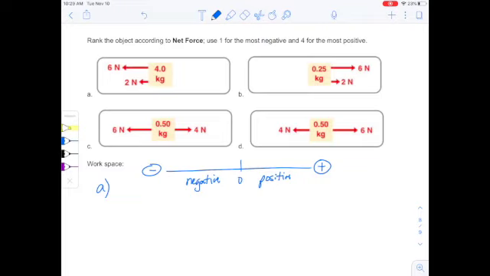So 6 newtons to the left and 2 newtons to the left, our net force is going to be -6 plus -2. So I have -8 newtons, or 8 newtons to the left. My mass for A is 4 kilograms.